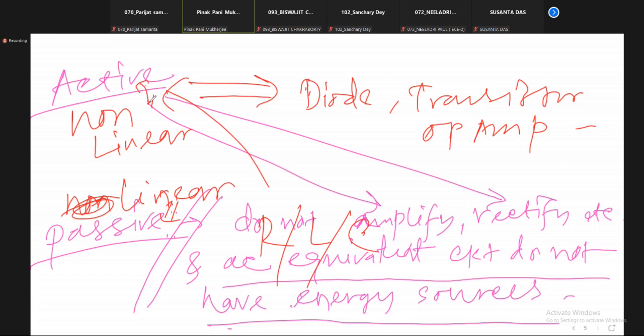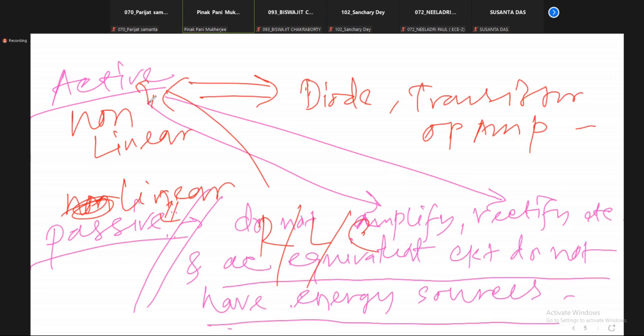Okay, so what I have said up to now is that passive circuit elements are those which cannot amplify or rectify, and active circuit elements are those which can amplify and rectify, or which can be used for amplification or rectification.